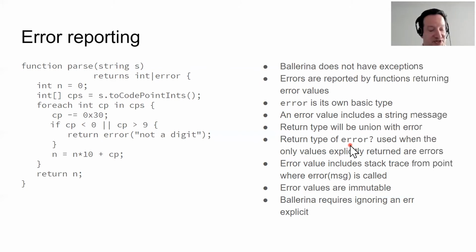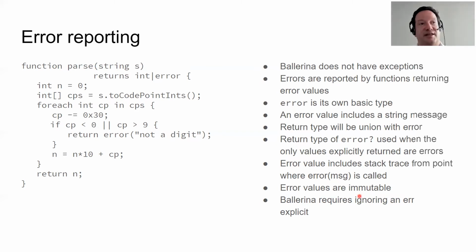So a function like main, which either does something successfully or may return an error, can have a return type of error question mark. An error value can include a message. It can also have a stack trace, which will get printed out.